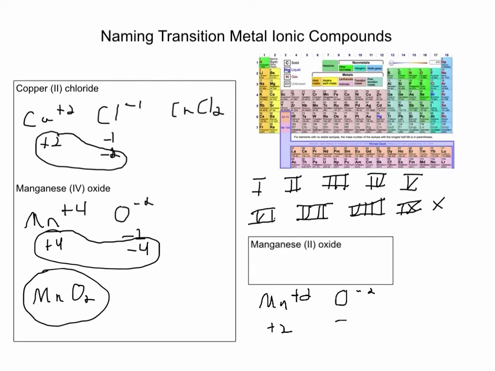Least common multiple, well, it's the same right away, so we only need 1 manganese and 1 oxide to give us manganese 2 oxide. So you can see how even though we have the same elements in our compound, because they have different charges, here's manganese 4 oxide, here's manganese 2 oxide, we actually have different compounds.